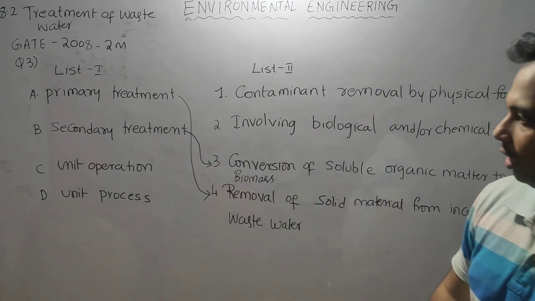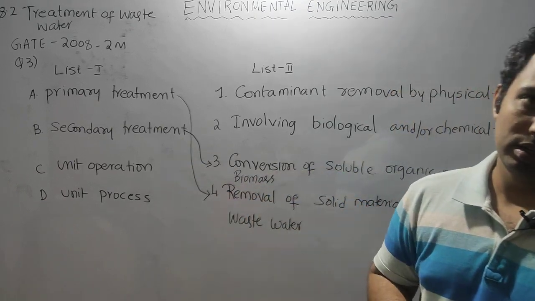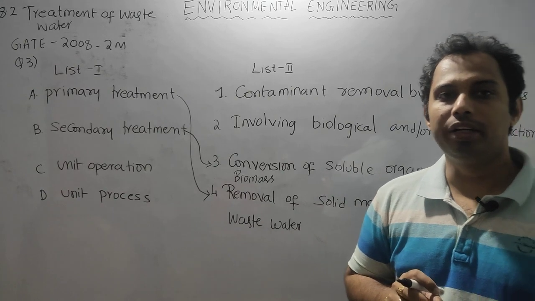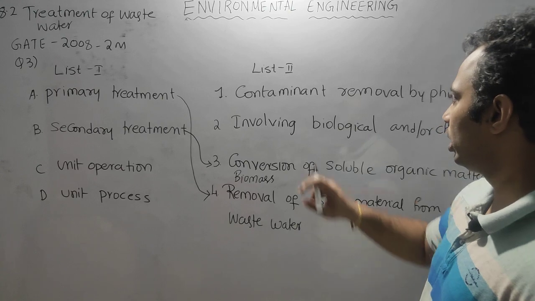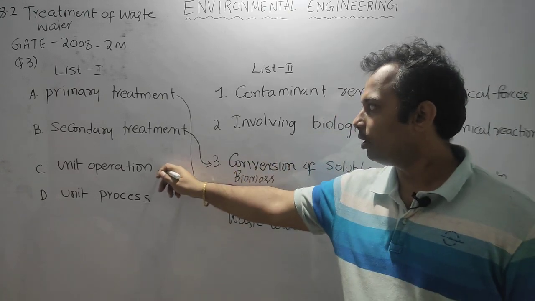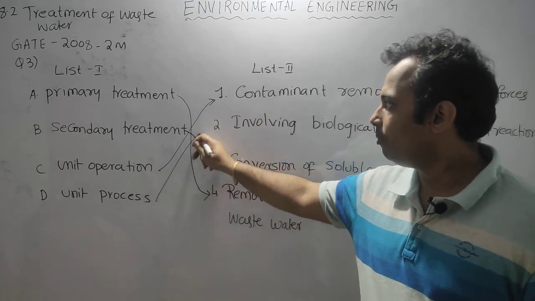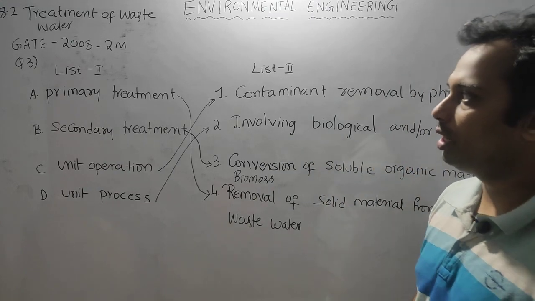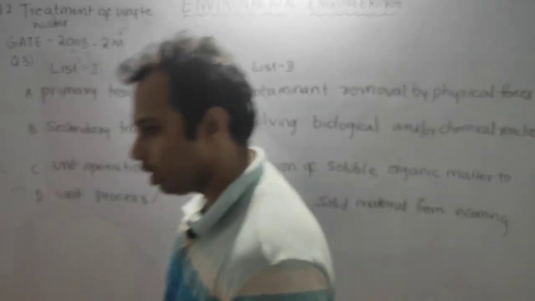Unit operation: if you are doing some kind of physical thing like settlement, screening, grit chamber, detritus tanks, all those things are unit operations. So contaminant removal by physical forces is unit operations. Unit processes means removal by biological and chemical means. So from here we can easily write the answer.